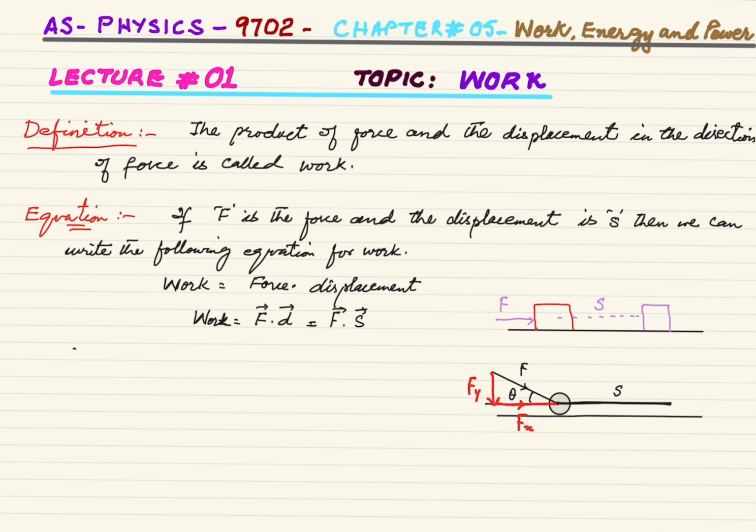So to get the magnitude of work, you have to consider Fx only, the component of the force which is in the direction of displacement, and this displacement S or D. As Fx is equal to F cos theta, therefore for work you can write F cos theta into S. This will give you the magnitude of the work done.